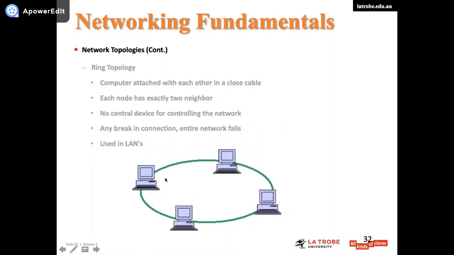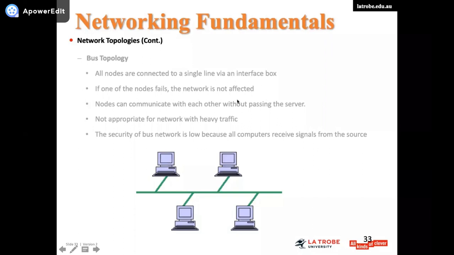So the third topology is called bus topology. In this topology, all nodes or computers are connected to a single line via an interface box, just like this figure. We have different computers and they are just connected to this single line. We call it the bus. If one of the nodes or computers fails, the whole network is not affected.